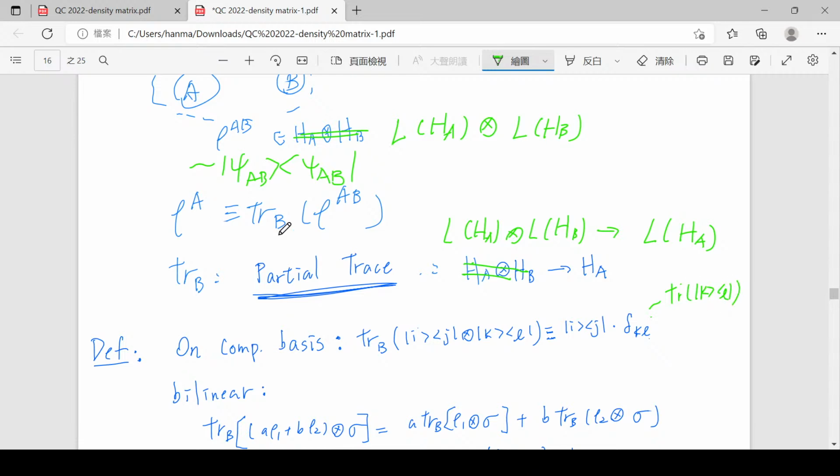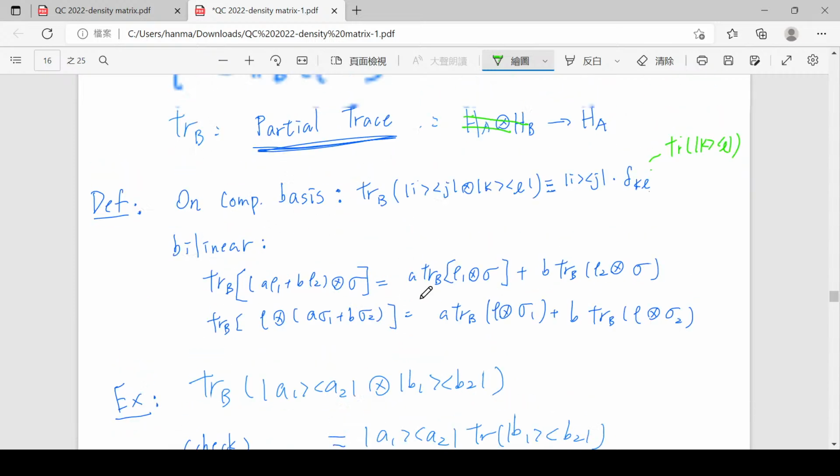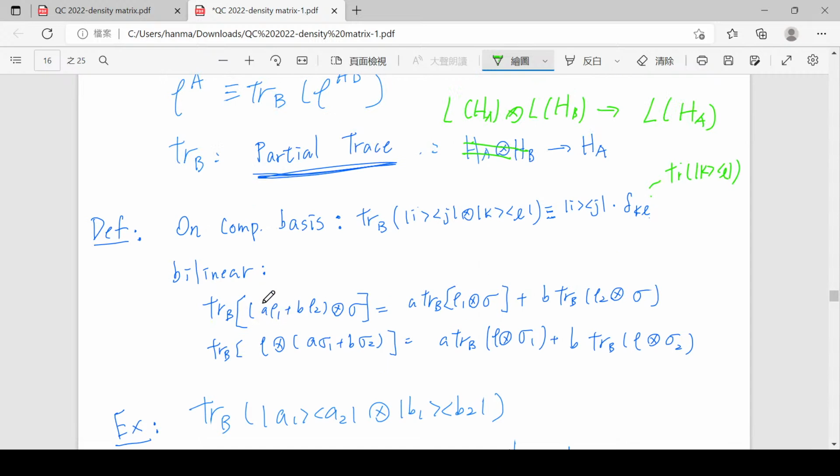Yeah. And so that's just how this operator acts on basis elements, and we extend this to everything by also saying that this partial trace is bilinear. So if you have a density matrix that's A rho 1 plus B rho 2 on the A part, then the result of doing partial trace is this linear thing.